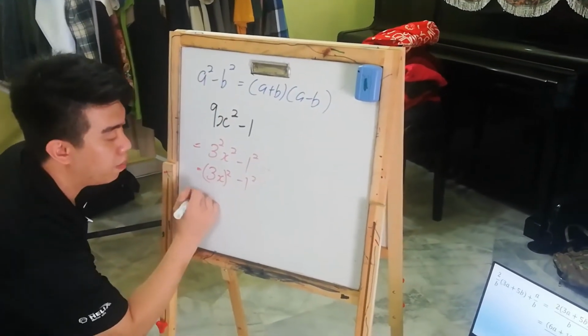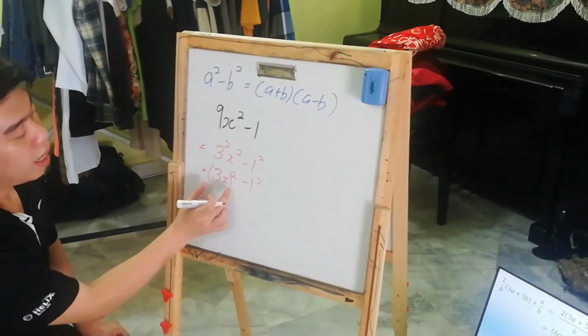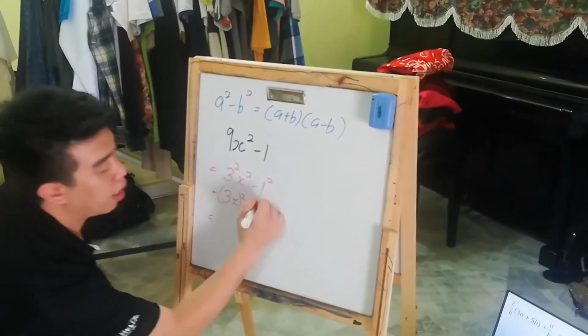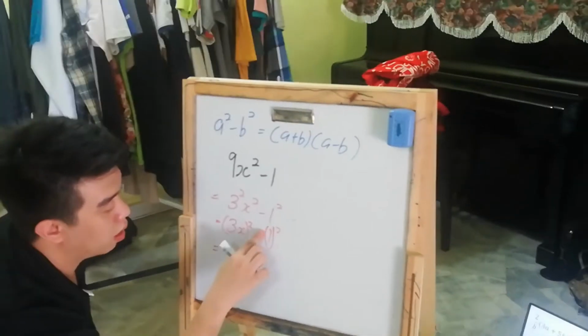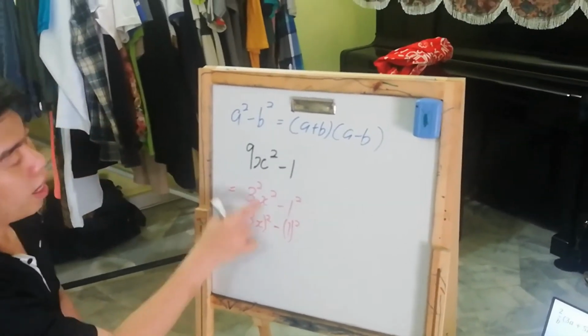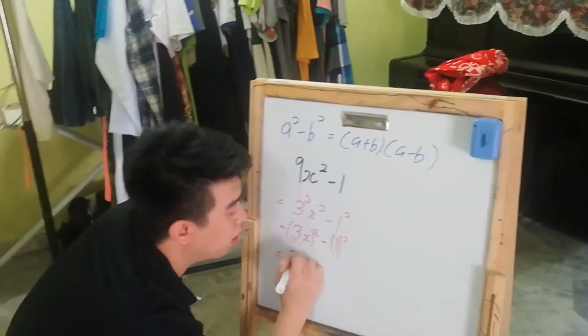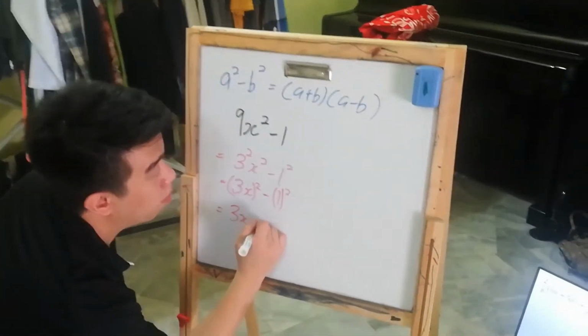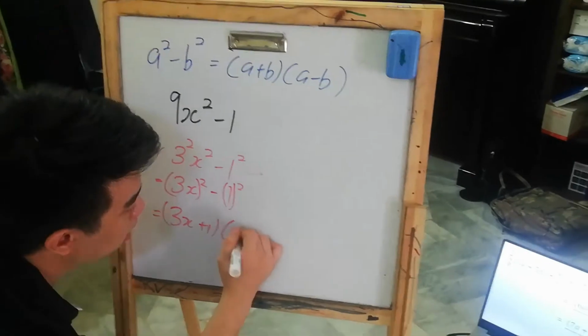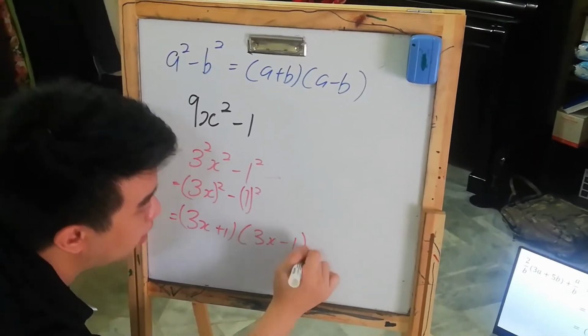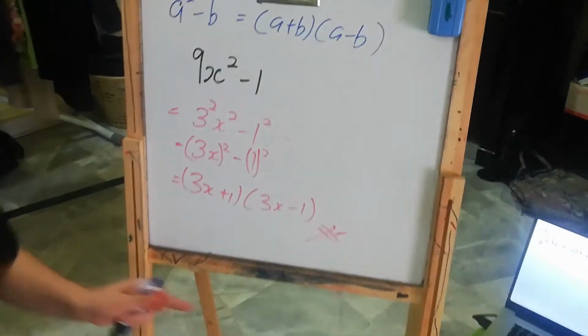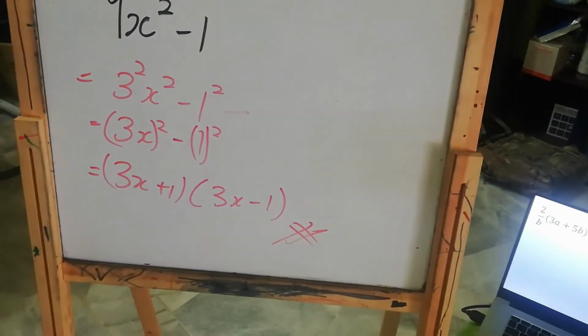From here you can see a squared minus b squared. So you get a is 3x, so (3x plus 1)(3x minus 1). That's how you get the final answer for this.